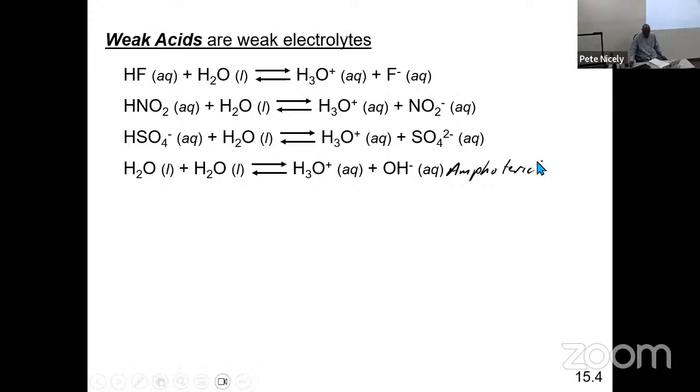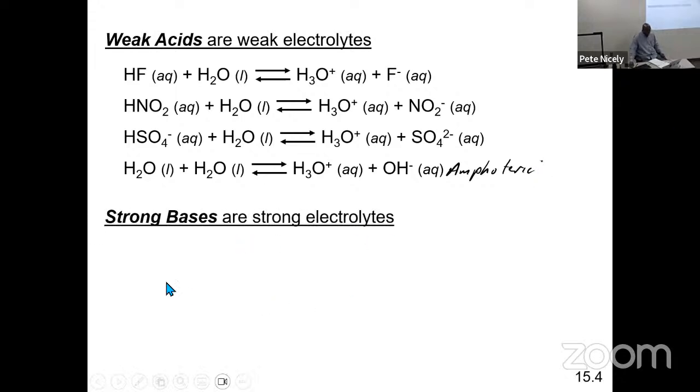All right, okay. So those are the weak acids, and then we can apply the same terminology to bases. We can have strong bases and weak bases. So strong bases are strong electrolytes. They undergo complete dissociation, such as sodium hydroxide, which will undergo complete dissociation to form sodium and hydroxide ions.